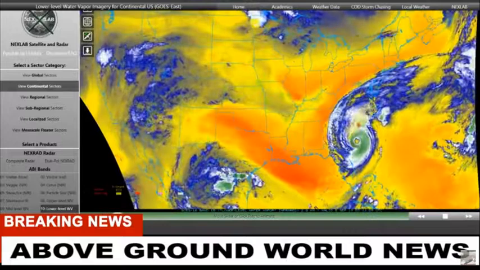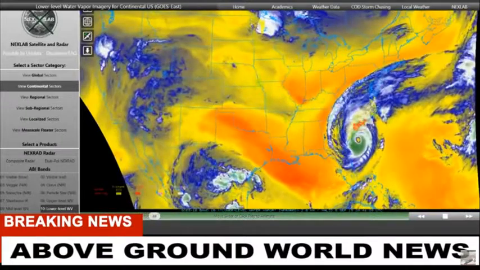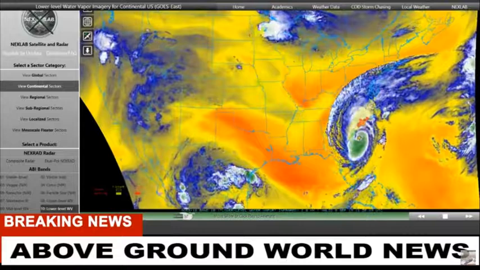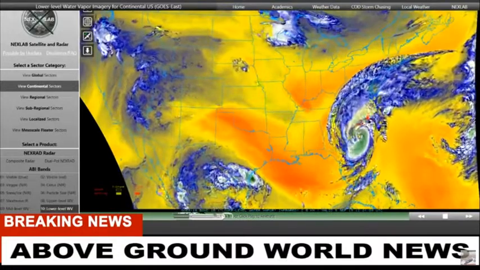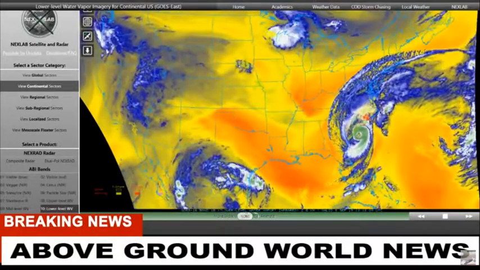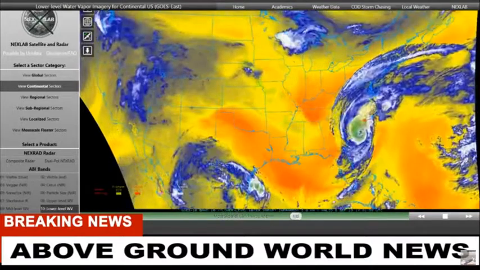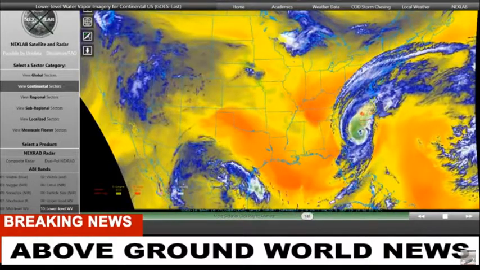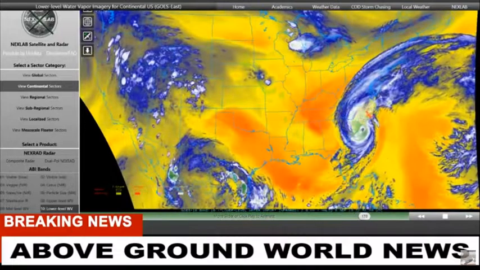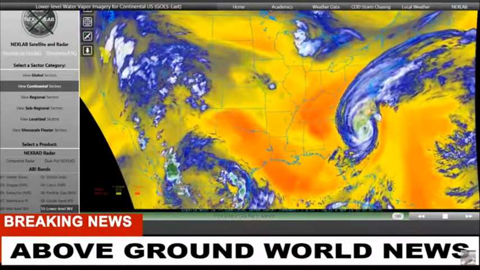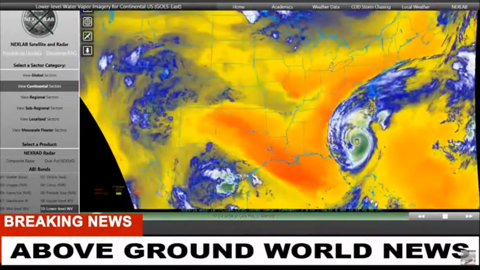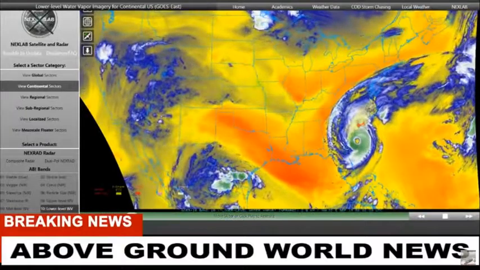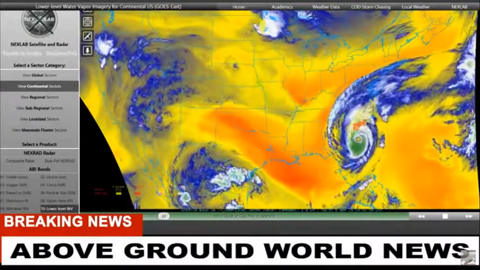When you have thousands and thousands of these wind turbines turning in the air, you are talking about a massive static generator that is charging the atmosphere above it. And with this charging of the atmosphere, you are setting up the propagation of firing off sprites above.